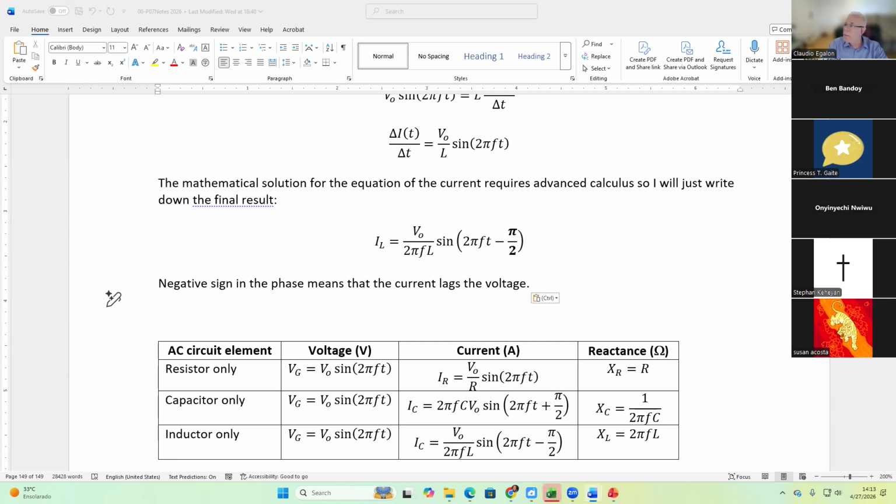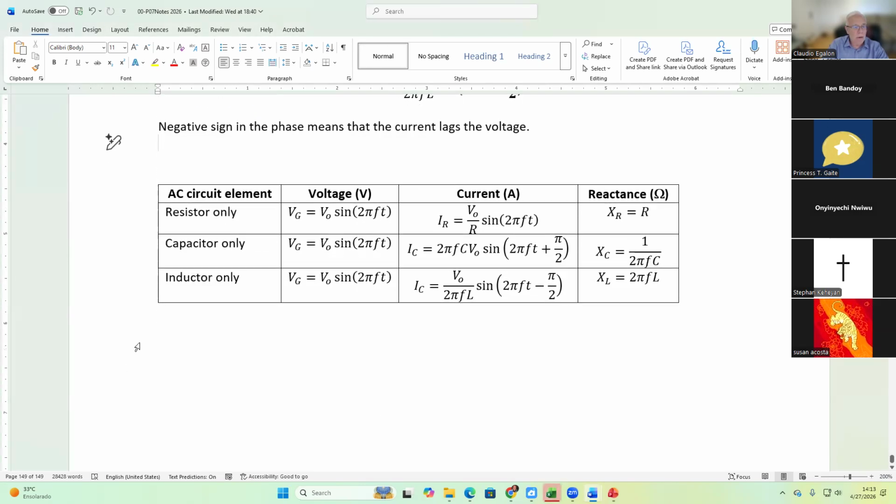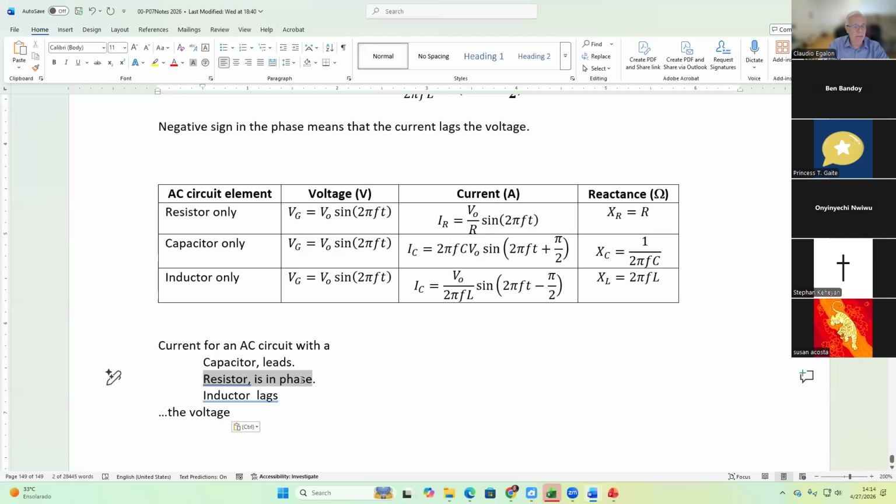Okay, so one more student coming. The voltage of the generator, don't forget, we are talking about the voltage of the generator. So current for an AC circuit with a capacitor leads, with a resistor is in phase, with an inductor lags the voltage of the generator.